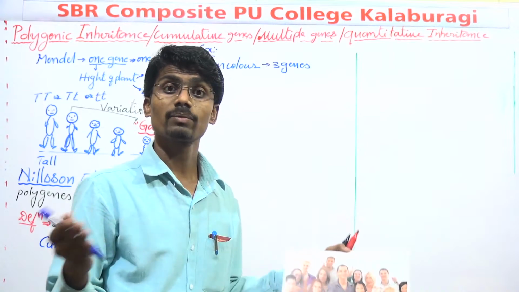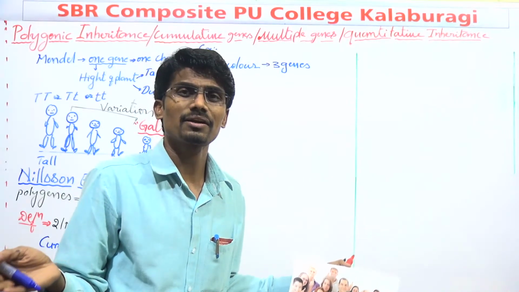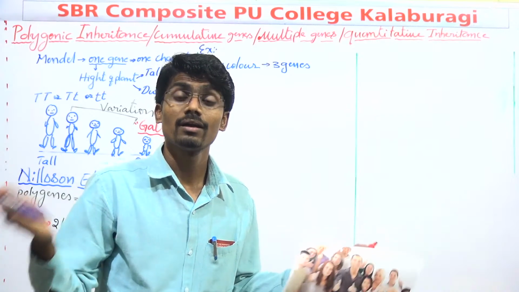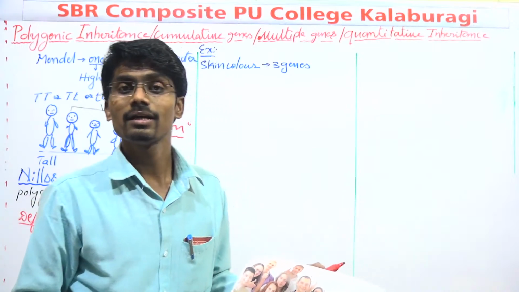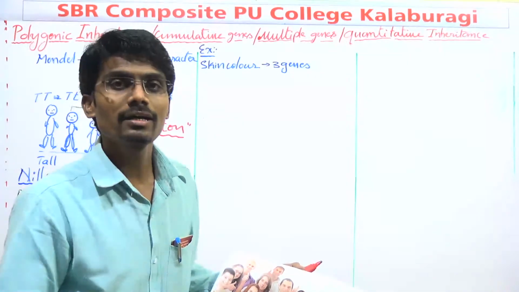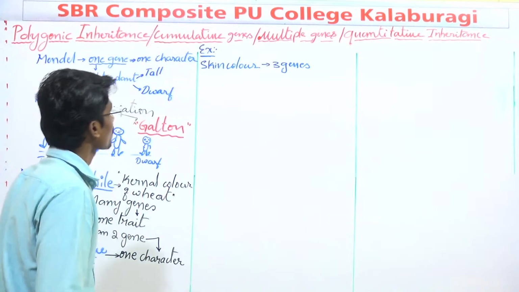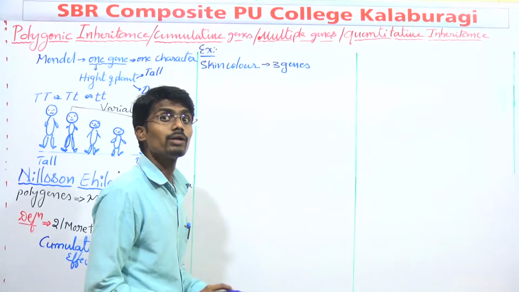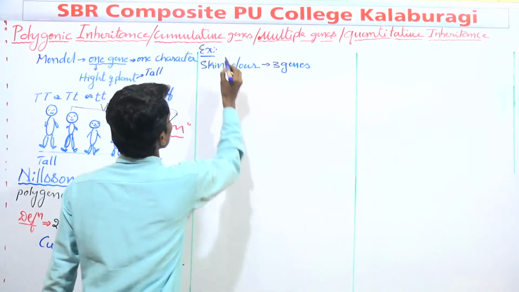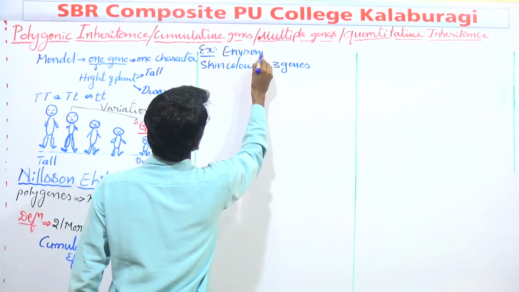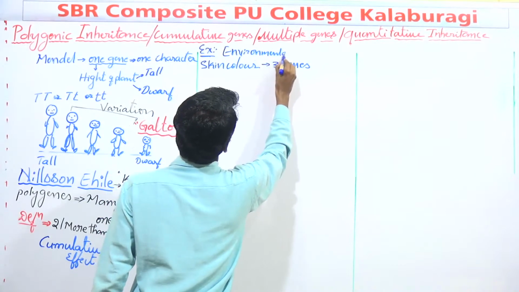And how are Americans? They are very whitish in color. What about Indians? They are very fair in color. Got it? And what does it indicate? It indicates that polygenic inheritance is also under the control of what? Environmental factors. It is also under the control of environmental factors.